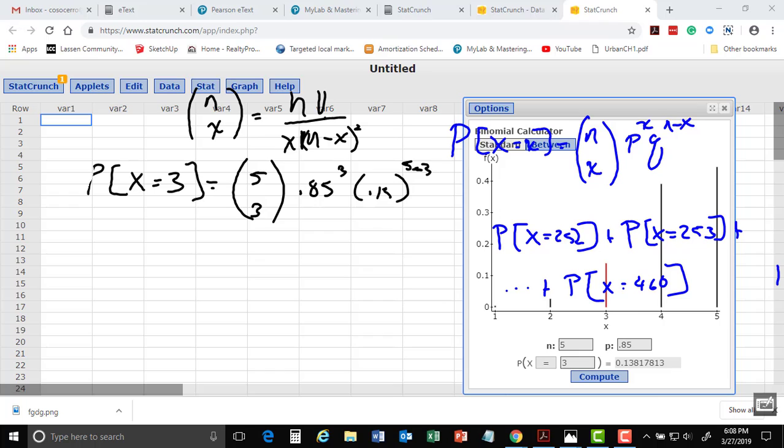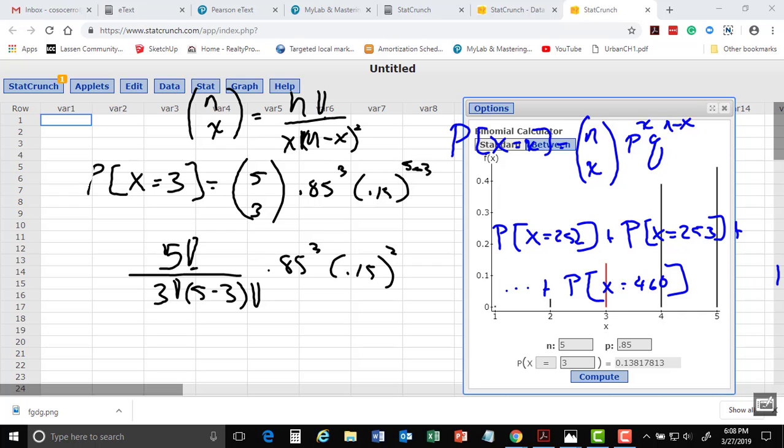So somebody has to figure out 5 factorial over 5 minus 3 factorial times 3 factorial, and then 0.85 to the 3rd power times 0.15 raised to the 2nd power.